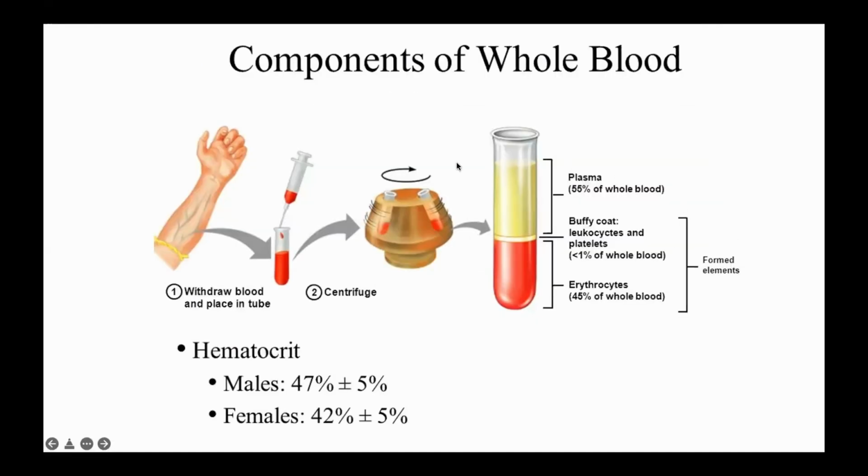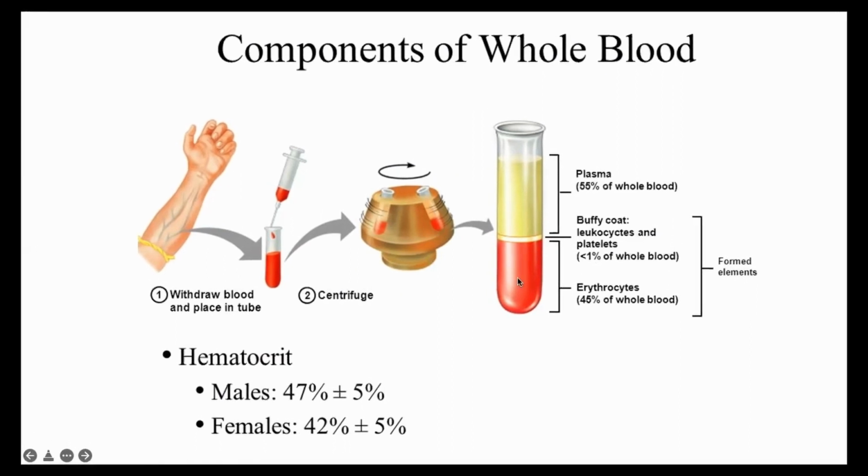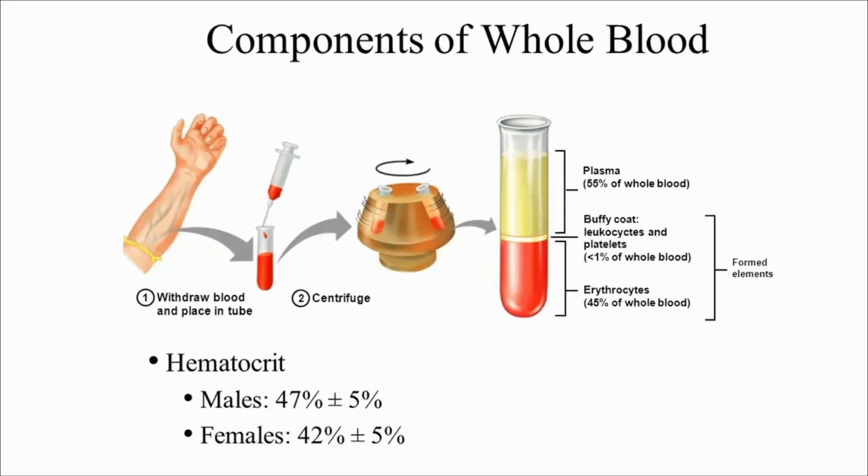In terms of the components of the blood, we already know that you have the plasma, the buffy coat, and also the erythrocytes, or the area where you basically have most of the red blood cells or the cells in general. When a person takes a blood test from you, they look at hematocrit, which is the percentage of whole blood.